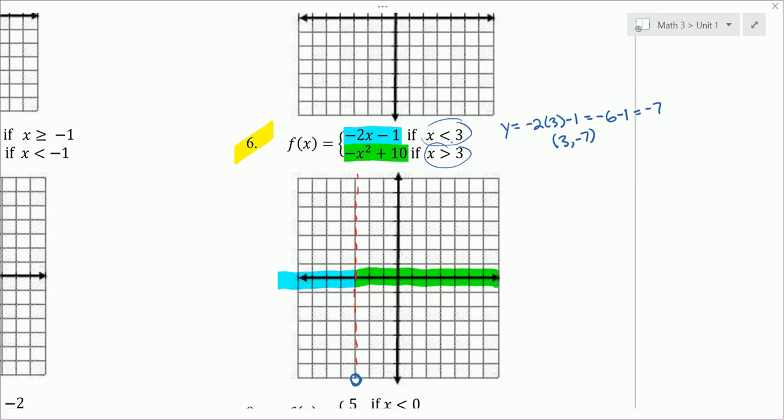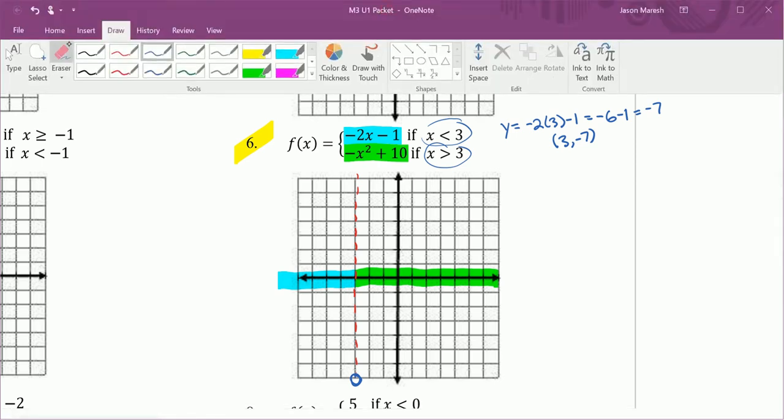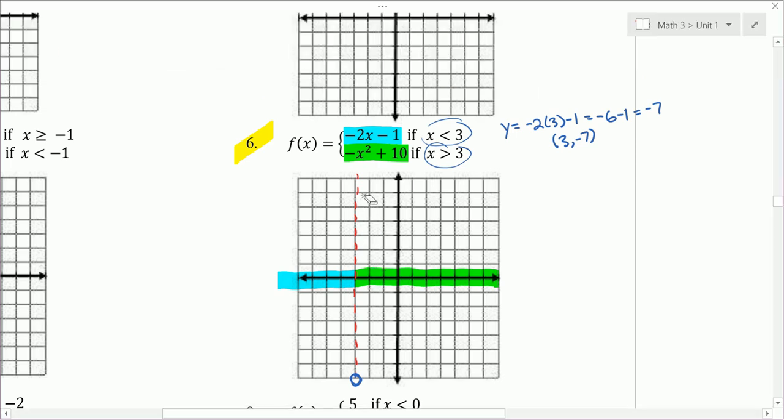And then I'm going to pick another point because it's a line, and you need 2 points to draw a line in the blue region. So I'll pick 4. And I'm noticing my error here, and I'm going to fix it. I made my boundary around negative 3, where it's around 3.